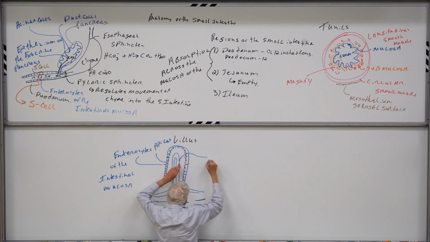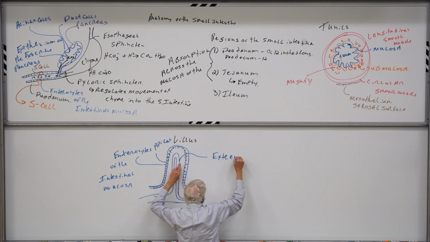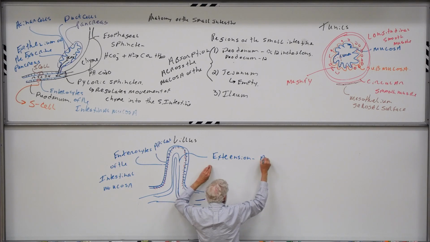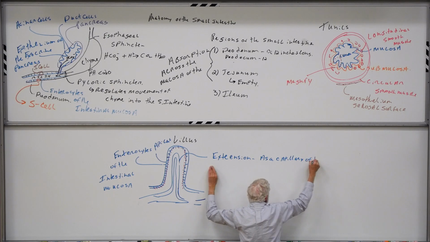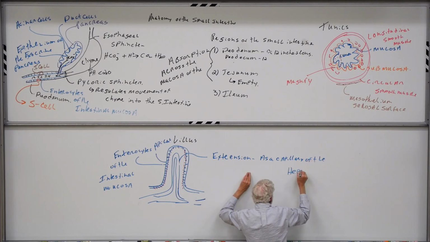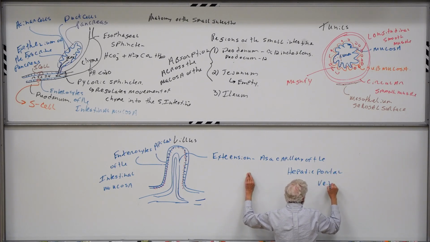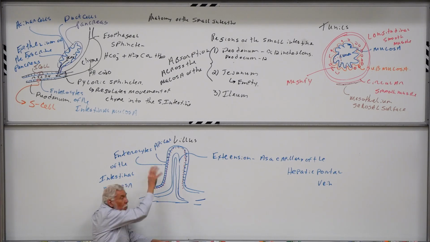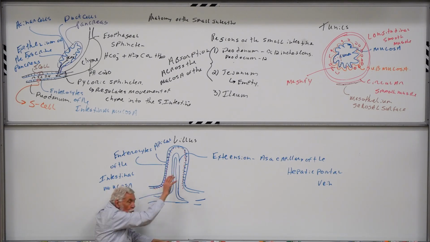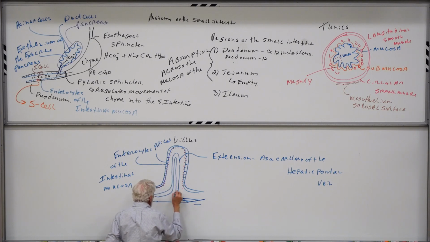So this is meant to be an extension, a capillary, of the hepatic portal vein. So all of the blood coming into the gut is coming through this portal system. And the blood comes through and it will flow through these capillaries.